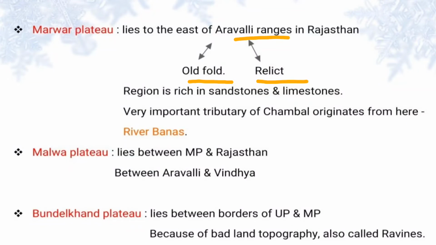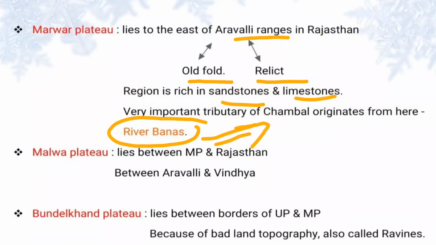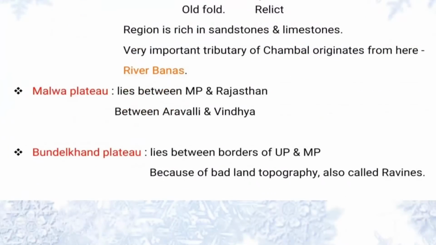Residues of the old fold mountains are found in the Aravalli ranges in the Rajasthan area, and this area is very rich in sandstones and limestones, and it is also an important source of a tributary of Chambal, known as River Banas. River Banas is a very important tributary of Chambal which originates from the Marwar Plateau.